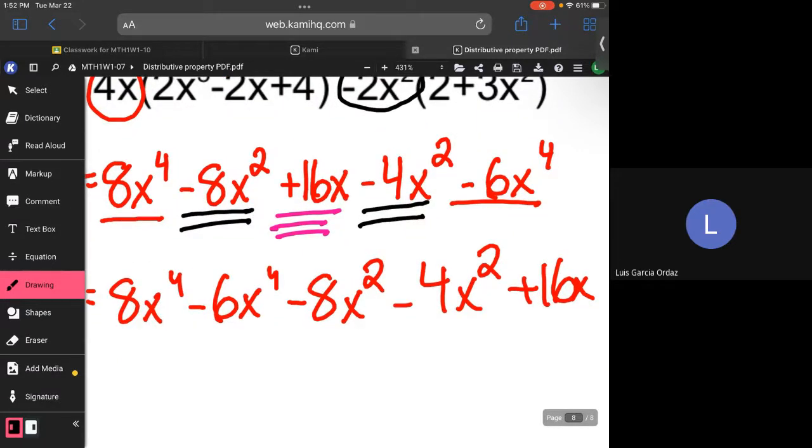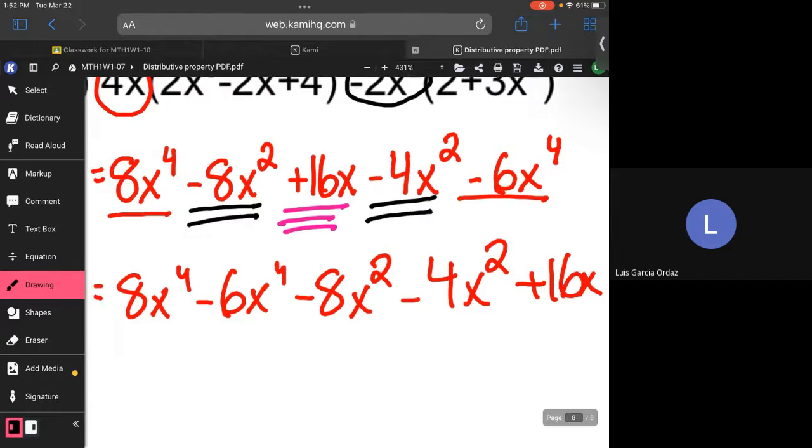So what does this simplify into? What's 8x to the 4th minus 6x to the 4th? 2x to the power of 2? Nope, just 2x to the 4th. Remember, the variable part stays the same. When you're adding and subtracting, leave the variable part by itself.